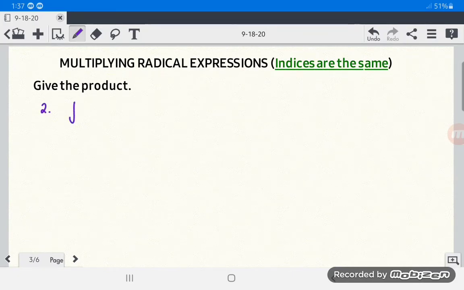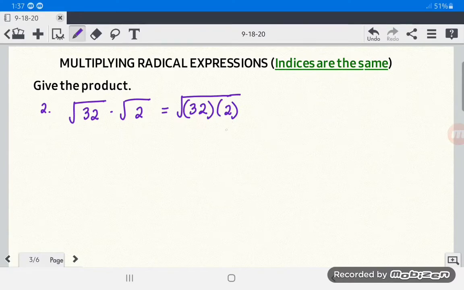Let's say we have the square root of 32 times the square root of 2. Again, using the product rule for radicals, we have the square root of 32 times 2. Here I use parentheses. So we have 32 times 2, we have 64. So the square root of 64, we have 8.